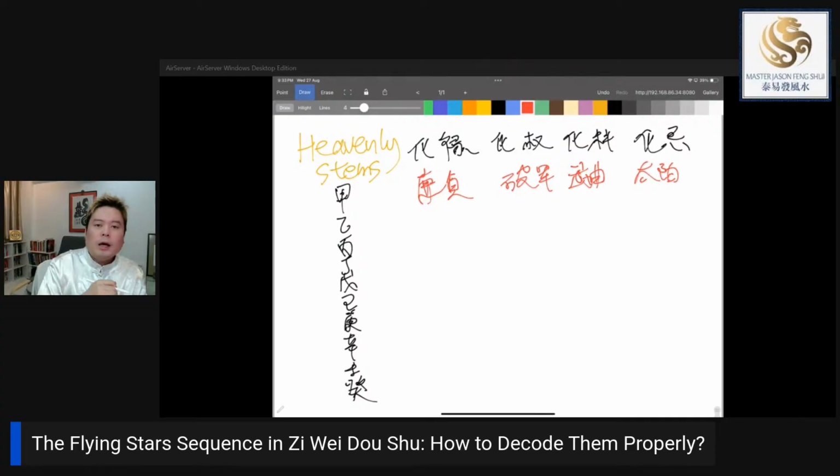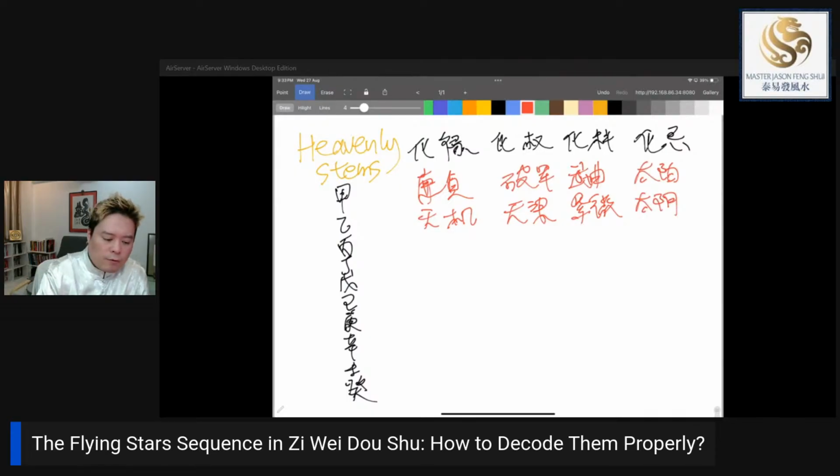And if the heavenly stem of a particular domain is Yi, then you have Tianji paired with Hua Lu, Tianliang paired with Hua Quan, Ziwei paired with Hua Ke, and Taiyin paired with Hua Ji.